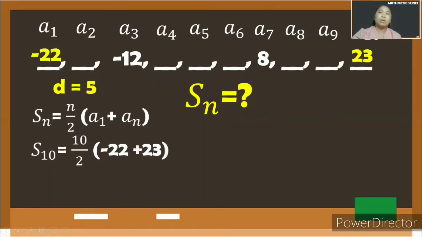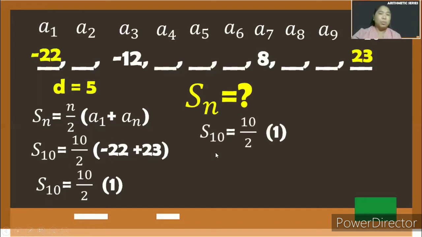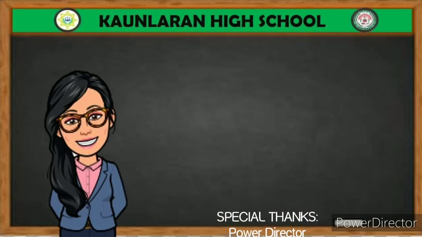Because we have a total of 10 terms, is equal to 10 over 2 times the quantity negative 22, as we get the a sub 1, and 23, that is our last term. So we have now S sub 10 is equal to 10 over 2 times 1. What is 10 over 2? That is 5. So therefore, the sum of all the terms from a sub 1 to a sub 10 is equal to 5.